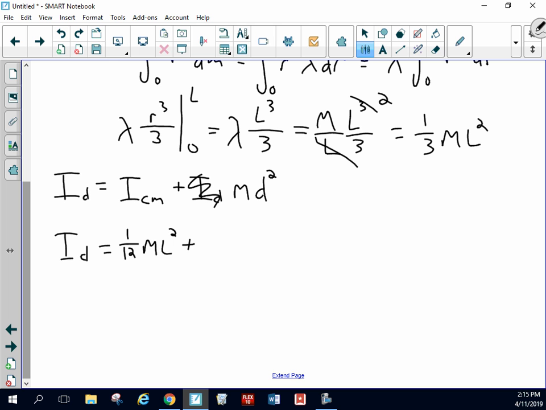So d is the shift there, which is kind of saying the same thing as what I had, but yeah, the mass of the entire thing times d, the offset of this point. All right, so we're going to say mass of our entire rod, and then to go from the center over to the end of the rod would be a shift of L over 2, and we need that quantity squared.